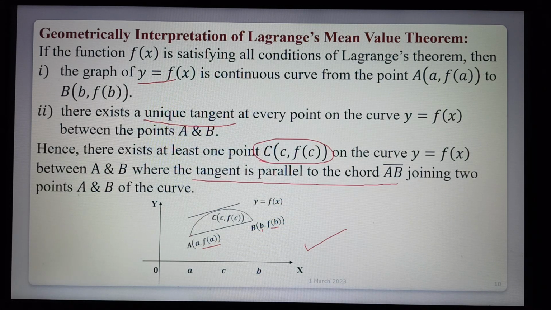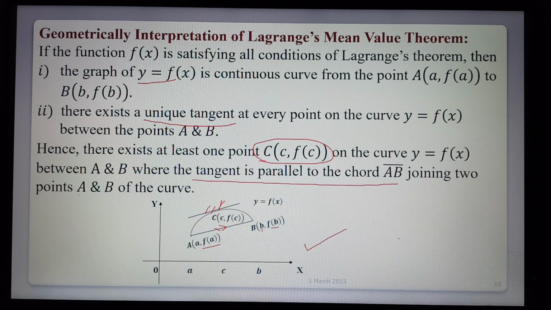Observe this tangent and the chord AB at the point c, both are parallel.